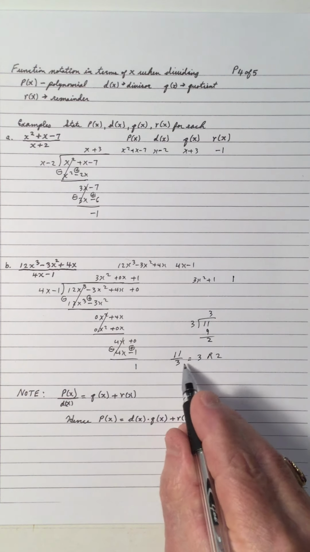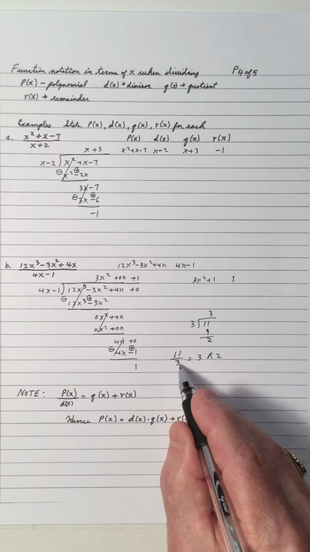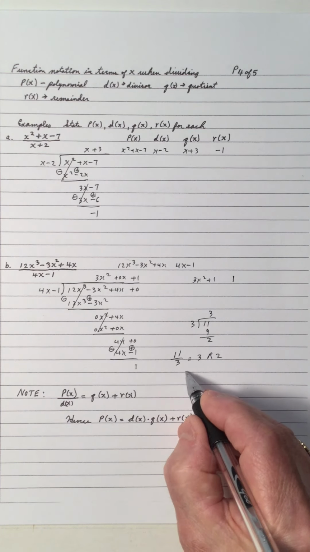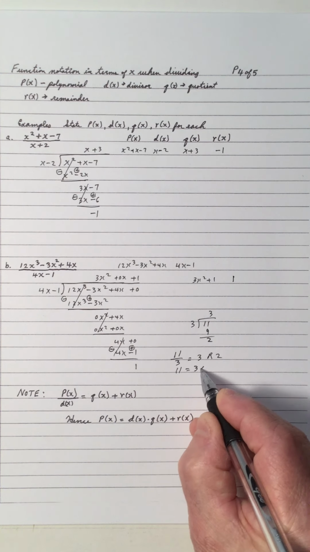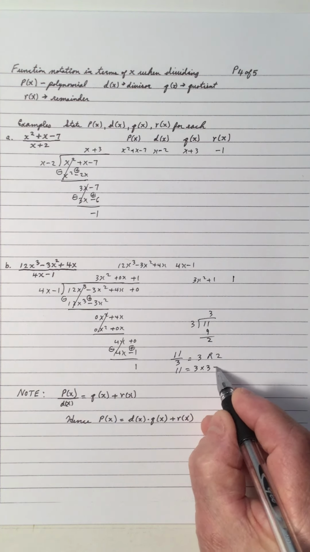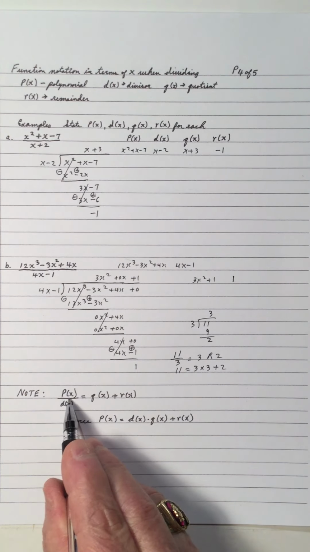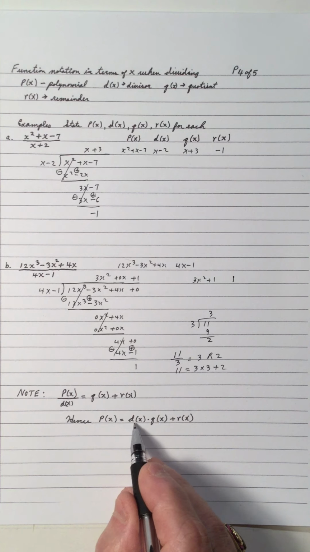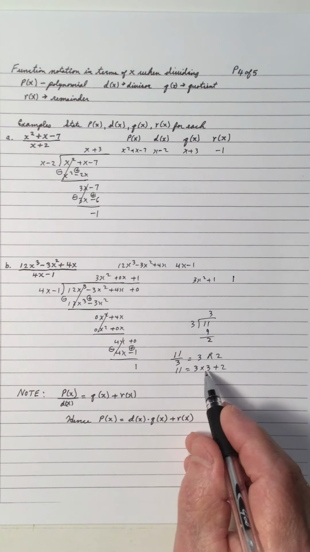So if you think about that as the p of x, this the q, that's the d of x and the q of x. So the 11 is made up of 3 times 3 plus 2. So the polynomial that we have is made up of the divisor times the quotient plus the remainder. And that's what I'm trying to explain here.